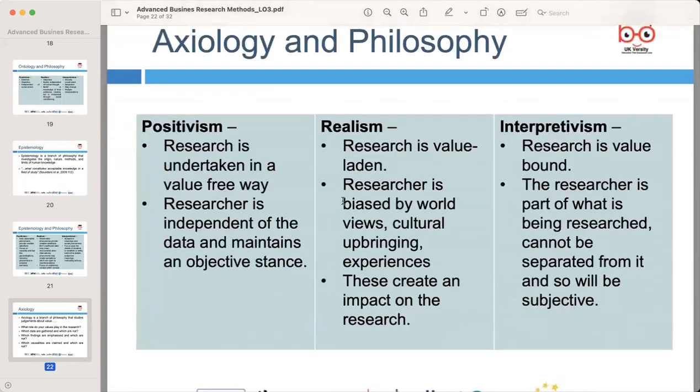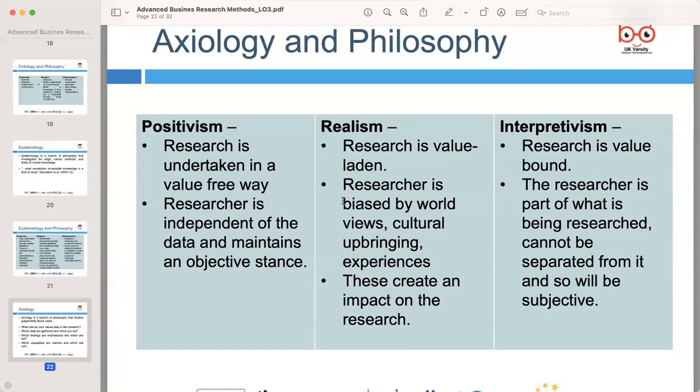Axiology and philosophy, again, discussing the three different philosophical perspectives in research: positivism, realism, and interpretivism. These perspectives shape how researchers approach their work and the role they play in the research process.